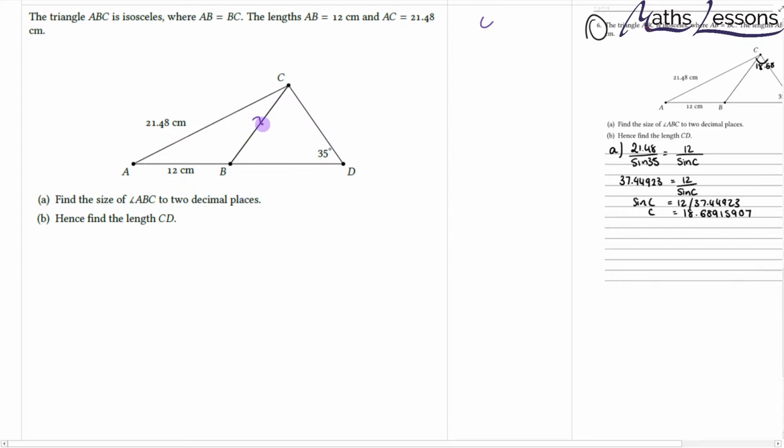Well, we know that this is 12. So again, we're going to use the cosine rule to find the angle.